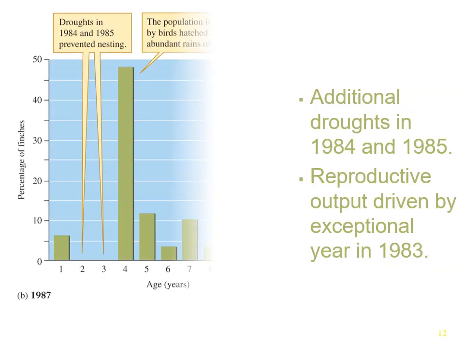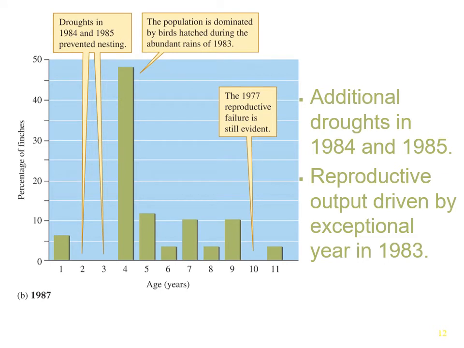There were additional droughts in 1984 and 1985. So when we look at the data again in 1987, Rosemary and Peter Grant were out there every year collecting this data, and they could see that in 1987 there were no 2-year-old finches, so there were none that had been born in 1985 that survived, and none that were born in 1984 that survived.